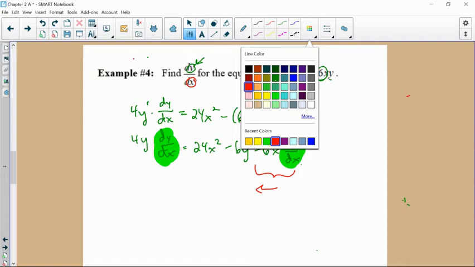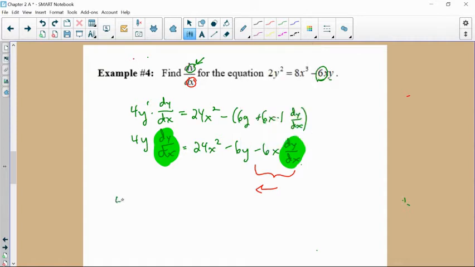All right, so go back to that. I guess it's darker green. So I have 4y dy dx plus 6x dy dx equals, then we'll leave our 24x squared alone and our minus 6y alone. Okay, now let's factor out that dy dx.